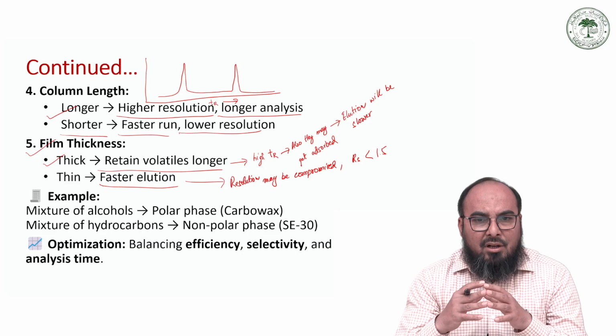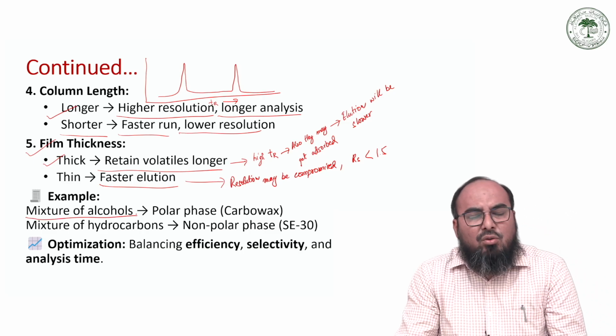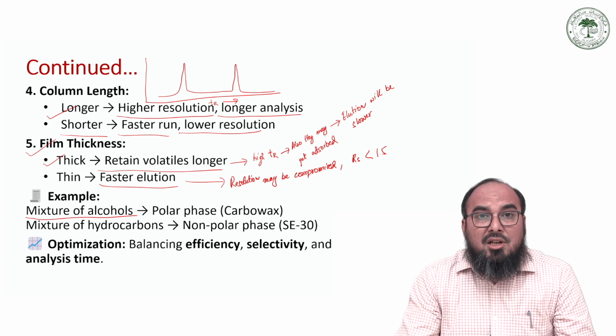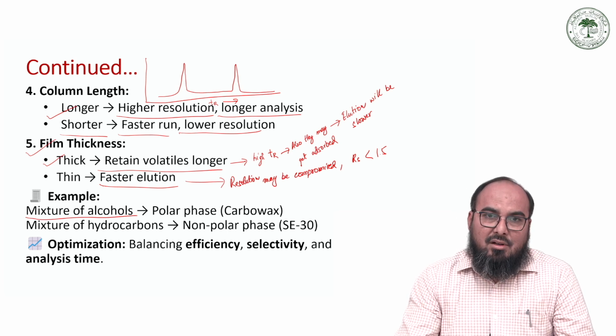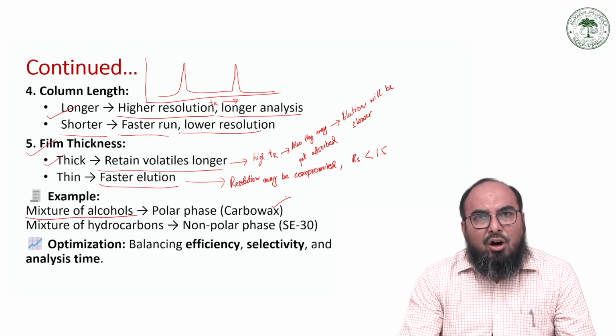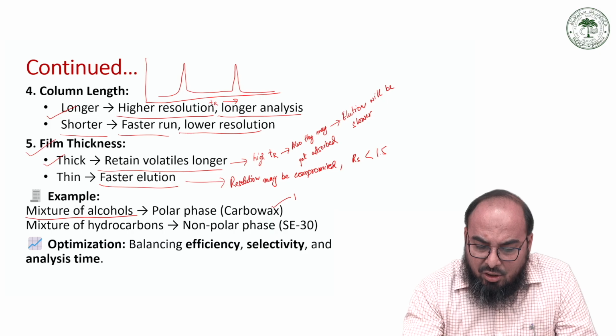Similarly, for example, if we have to separate a mixture of alcohols, we know that alcohols are polar compounds. Then you have to choose some polar stationary phase, and Carbowax, that is the trade name of polyethylene glycol.